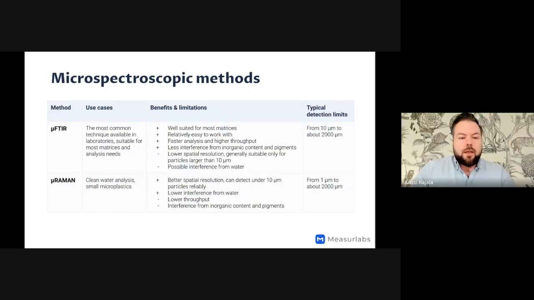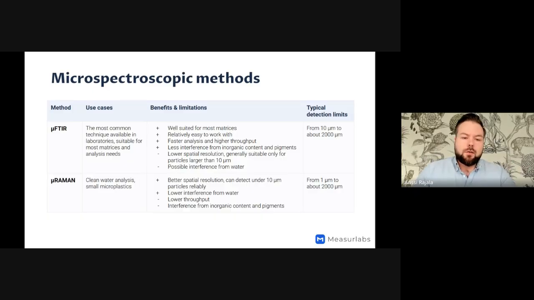Anyway, µRaman is most suitable for clean waters because it's a very easy matrix to work with, and it can also be used for other matrices if the small microplastics are very important for the study, for example in the case of consumer products, food or human tissues.